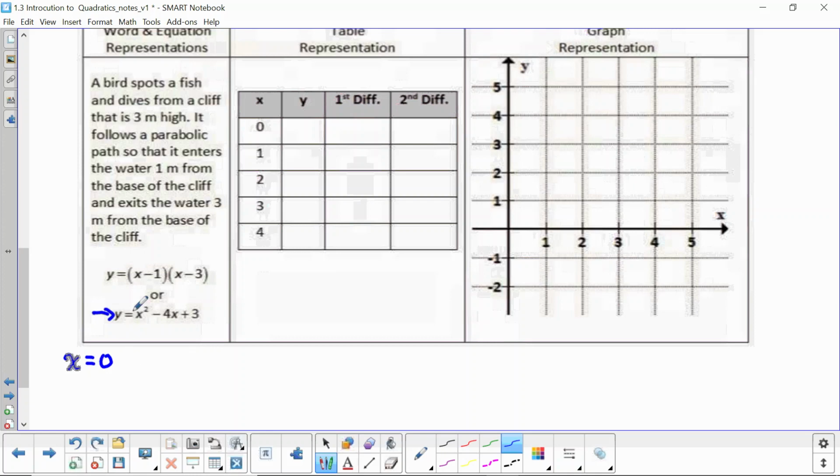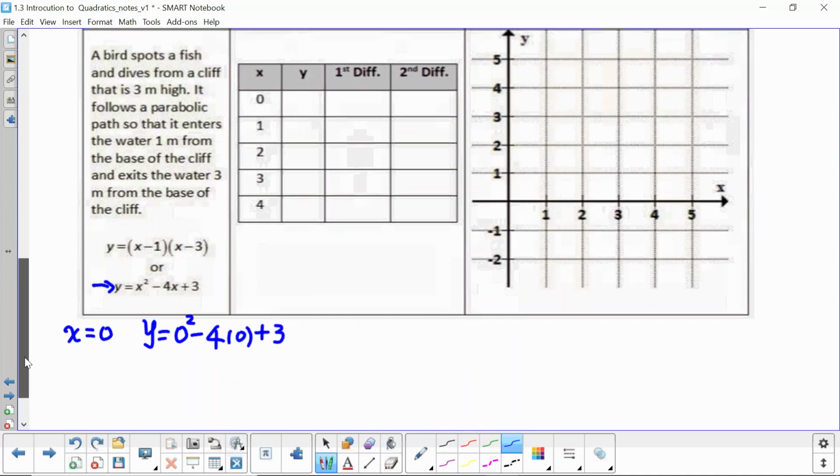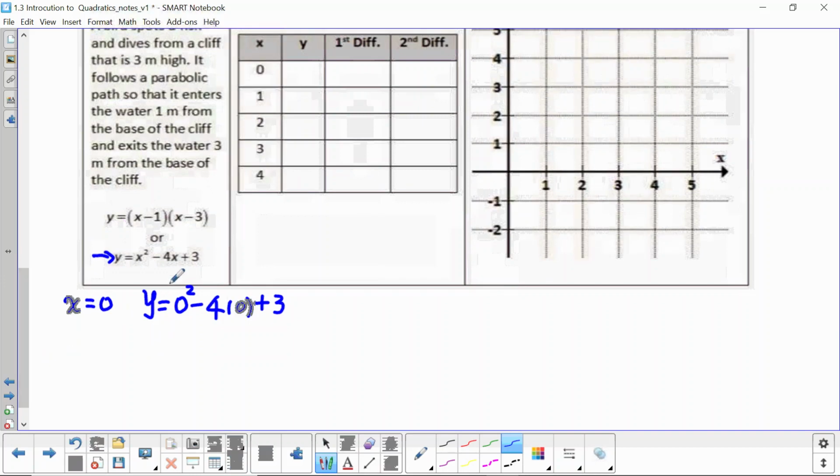Then we sub in 0 here, you will have y equals 0 squared minus 4 times 0 plus 3. Then use your calculator, 0 squared gives you 0. By math, do the exponent first, then do the multiplication.